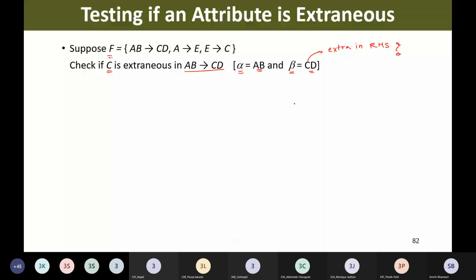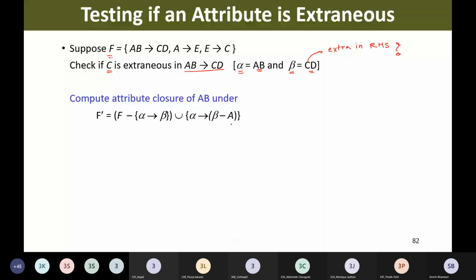Right? So, what does this mean? F minus alpha to beta. So, alpha to beta means our dependency under consideration, AB to CD. Union alpha determines beta minus A. So, alpha is our AB, determines beta is our CD minus the attribute under consideration.